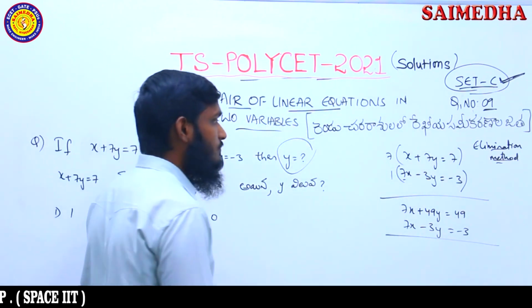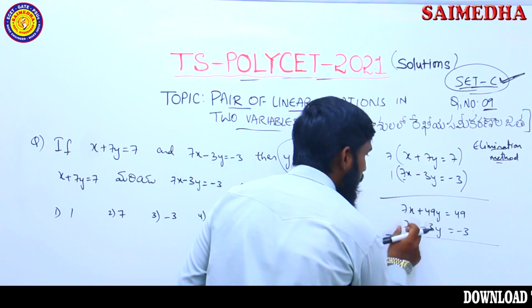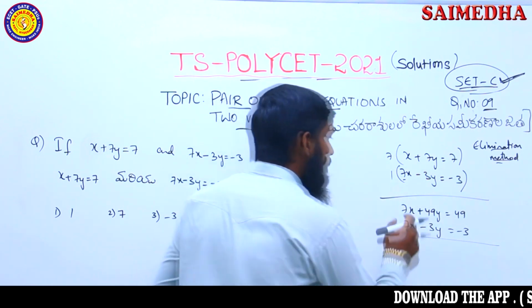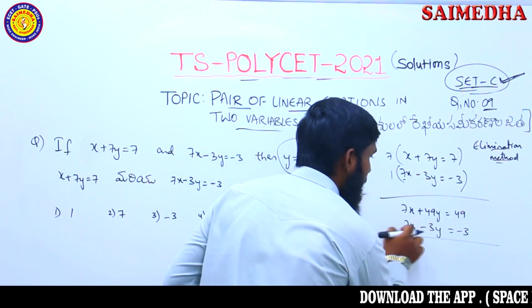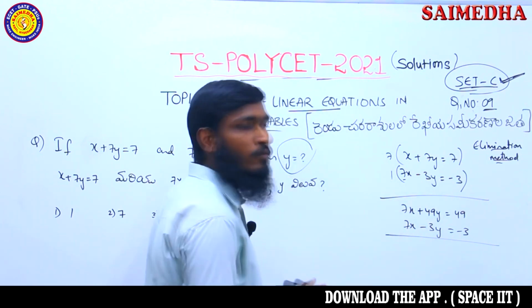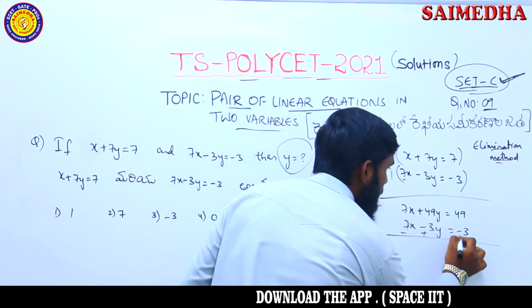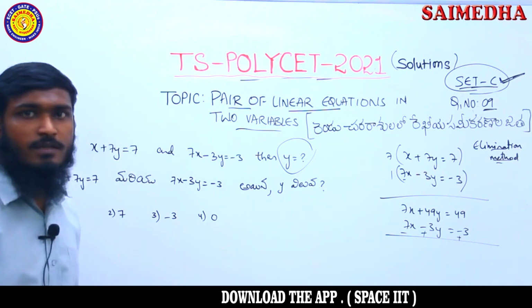Now let us solve this one. Now also we cannot eliminate these variables, so we can change the signs of equation number 2. When we are changing the signs, this will be minus, this will be plus, and again this will be plus. Is it clear?